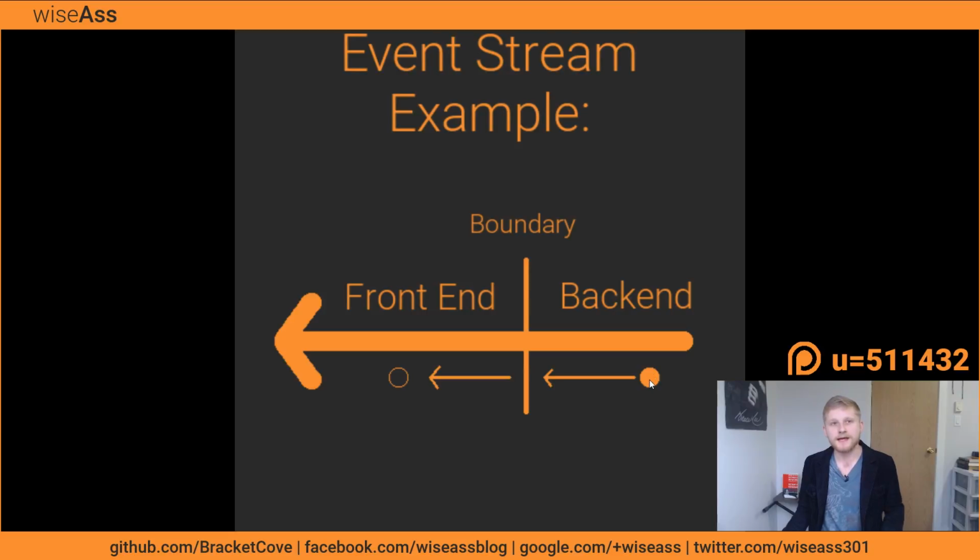Say our Retrofit adapter calls back with data, or a database returns data. So it creates an event stream where that event starts here in the back end. It'll flow through the architecture, and maybe you should have a boundary between your back end and your front end.